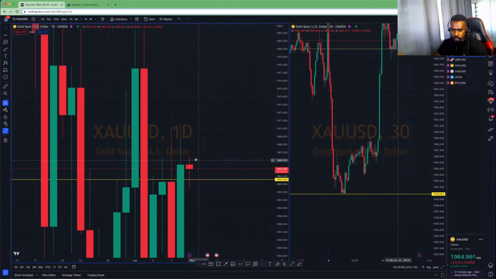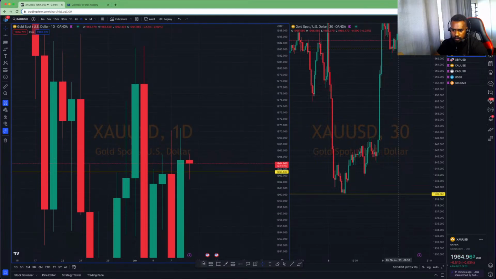Maybe if we start flipping bullish, I think that could be an opportunity to drive bullish. And if we do drive bullish, I'm expecting price to break above the previous daily candle high and potentially move up to this daily resistance at 1977, 1978 area.